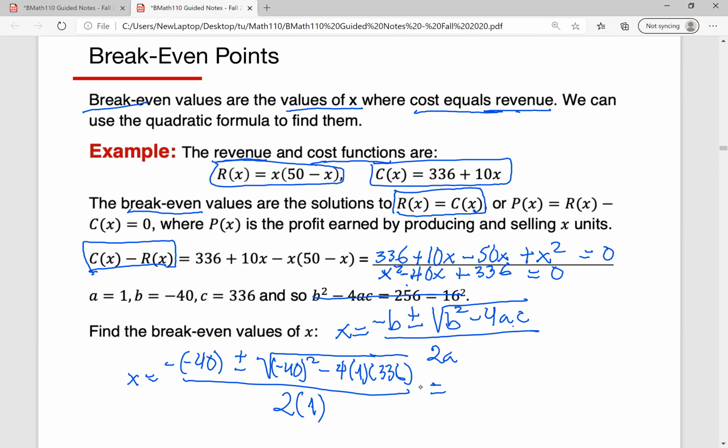And now I will simplify. It is going to be equal to 40 plus and minus the square root of... I'll use a calculator. 40 squared minus 4 times 336.